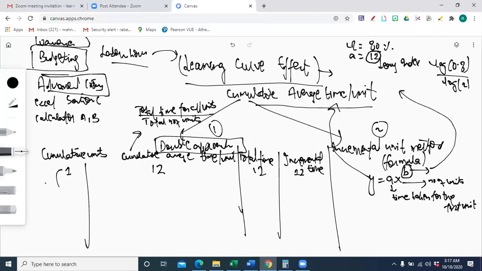If I produce one more batch or one more unit, now the cumulative units altogether are now 2. And altogether, what would be my cumulative average time per unit? So how I'm going to apply that, just apply the learning rate to this previous average. This is the previous average, right?